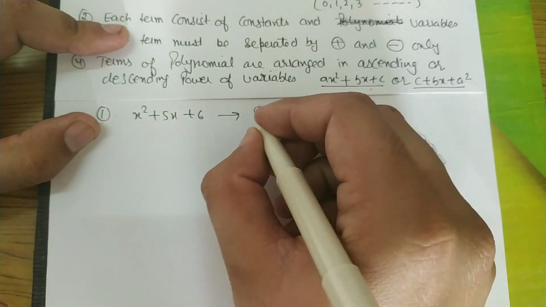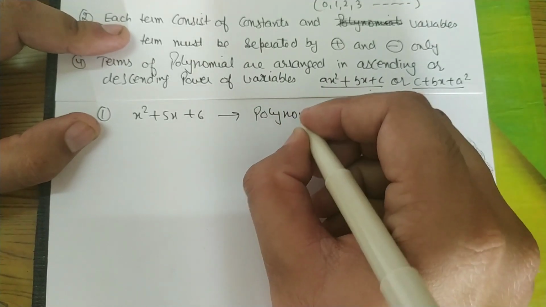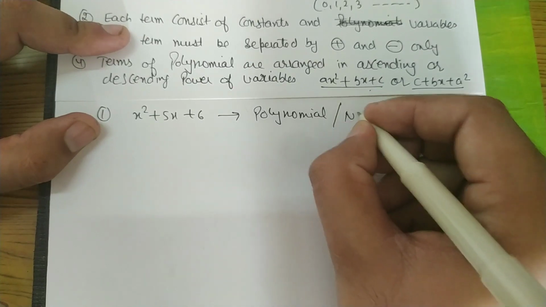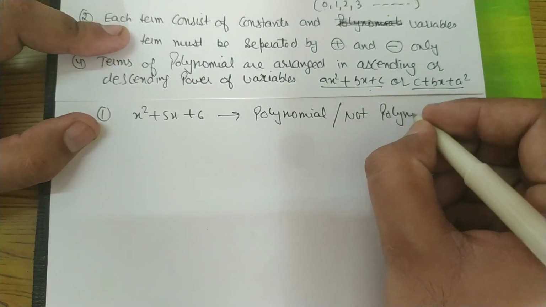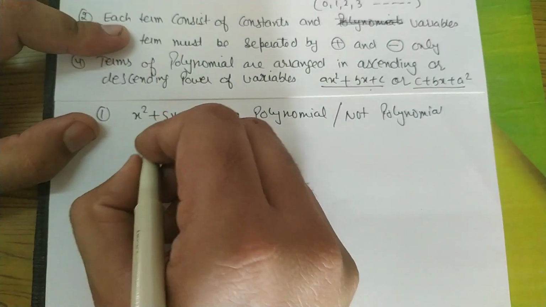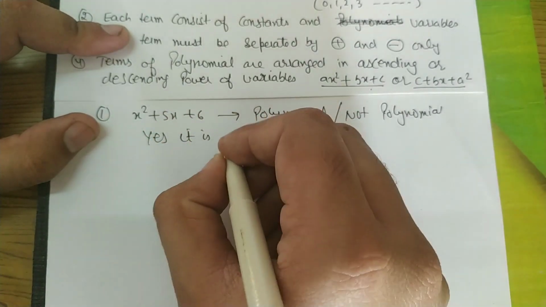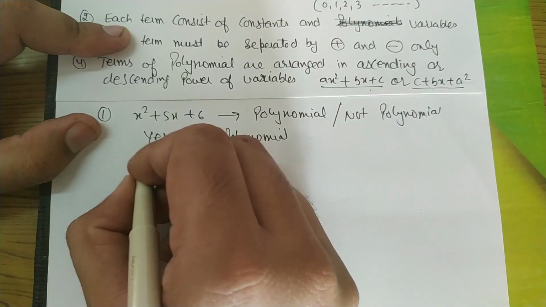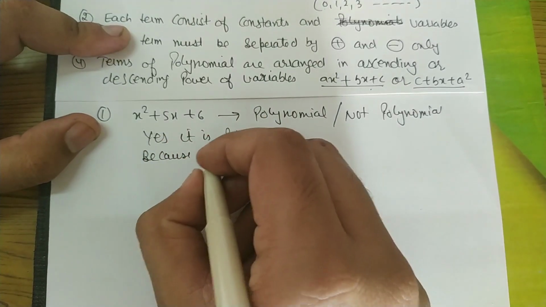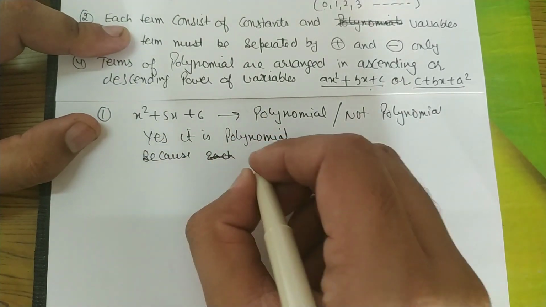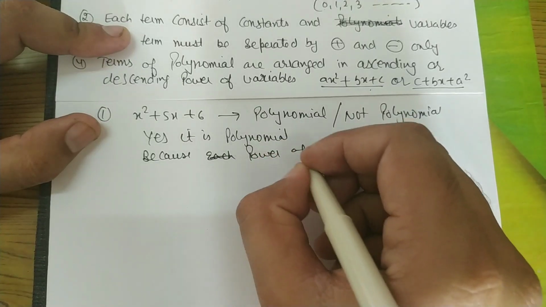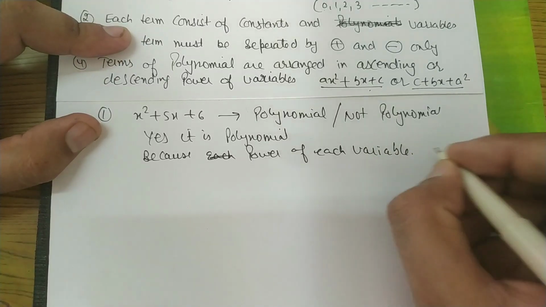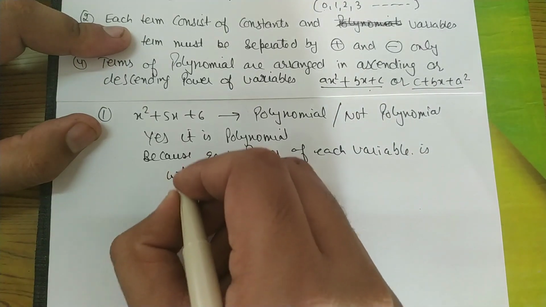Is it a polynomial or not? Yes, it is a polynomial, because the power of each variable is a whole number.